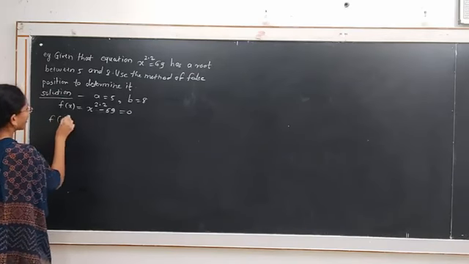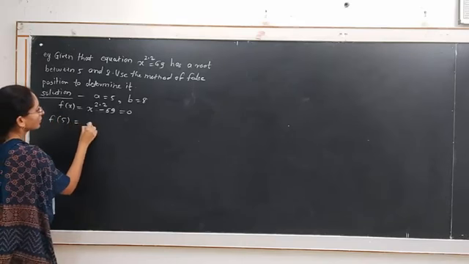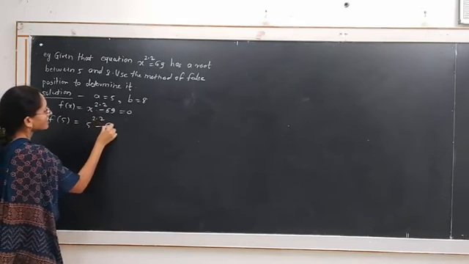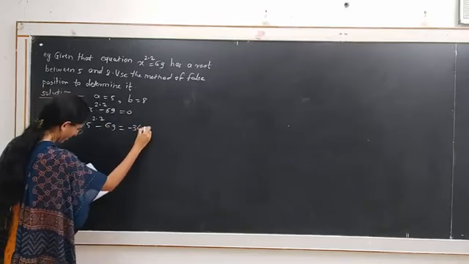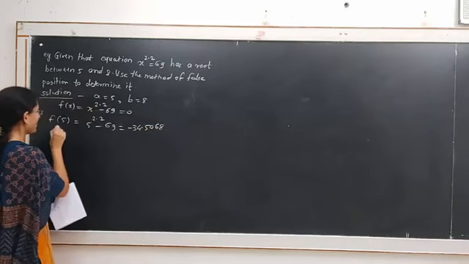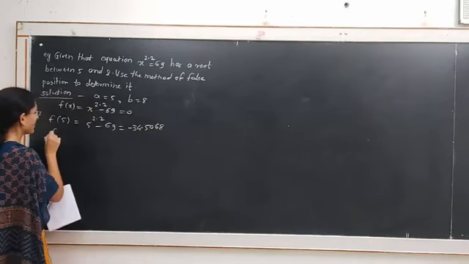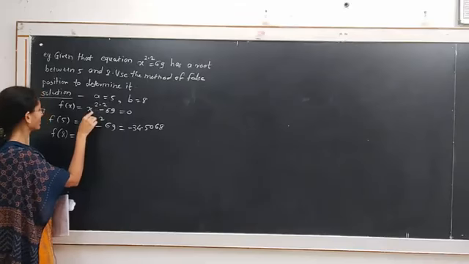What are the values of f of a and f of b? F of 5, that is f of a, is equal to 5 raised to 2.2 minus 69. This value is minus 34.5068, and b value is given as 8. Hence, f of b: use x equal to 8 in this function.